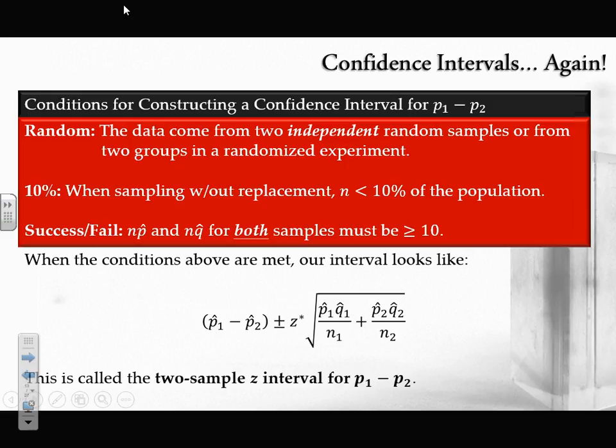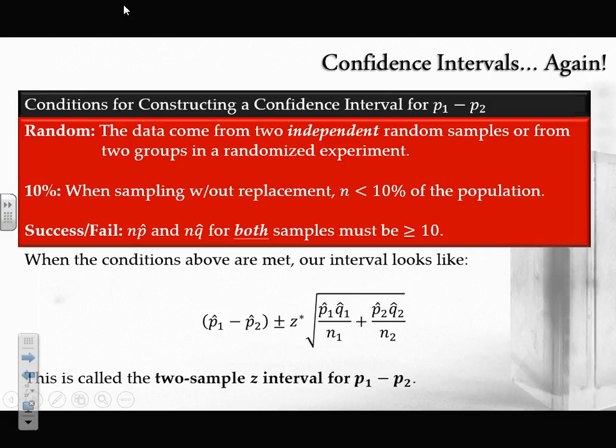If you don't get a value that you know off the top of your head, what function in the calculator gets you your actual value? Inverse norm. So if you want z star, you can use inverse norm. Now, when you do that inverse norm, remember it asks for area.